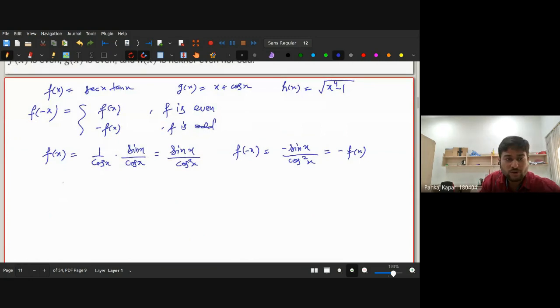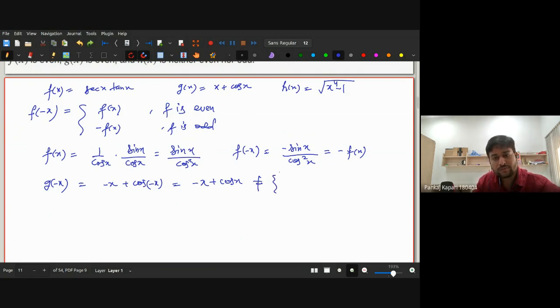What about g? What is g of minus x? Just replace x by minus x: minus x plus cos of minus x, which is minus x plus cos x. And this is neither equal to g(x) nor minus of g(x).